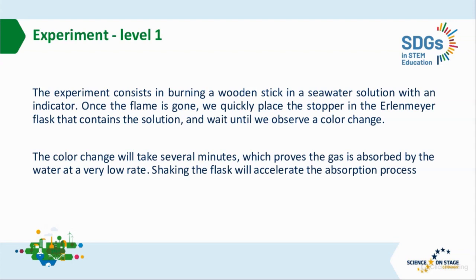So we burn it in an Erlenmeyer flask where we had those solutions, and then we put a stopper on top of the flask after the flame went off, and we just waited for a few minutes. It looks like nothing is going to happen, because actually nothing happens at first.